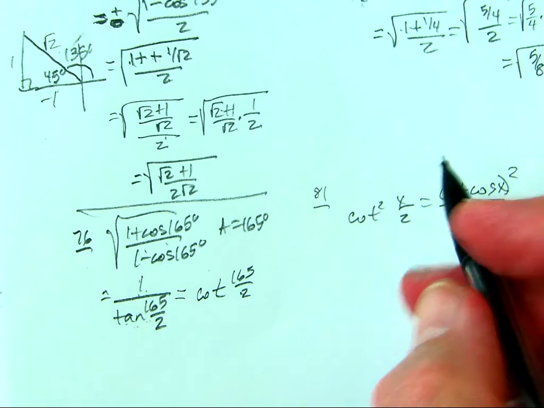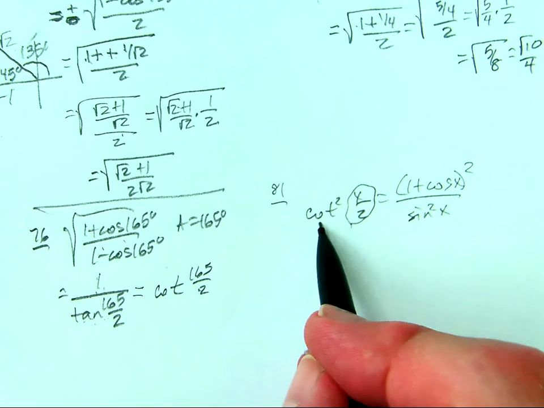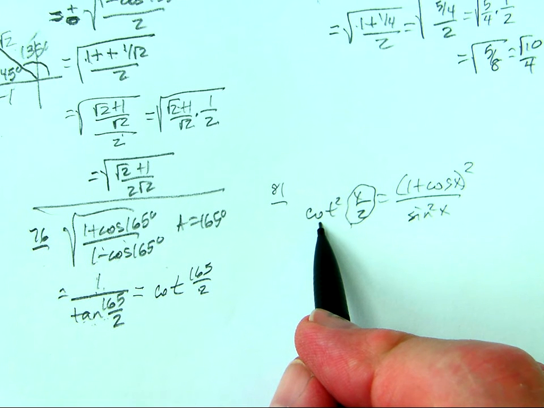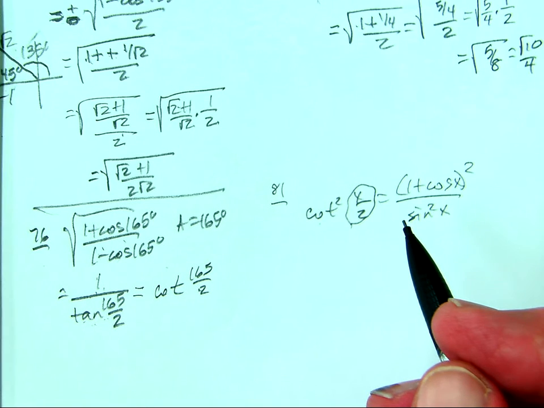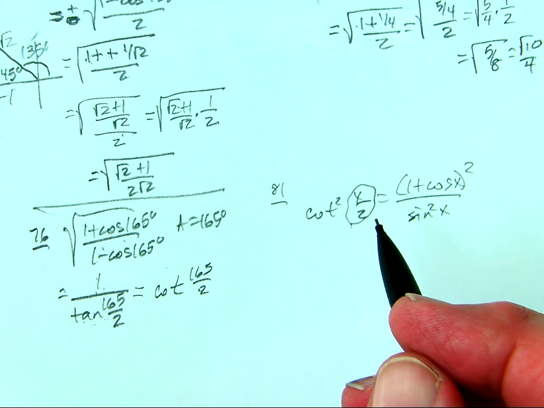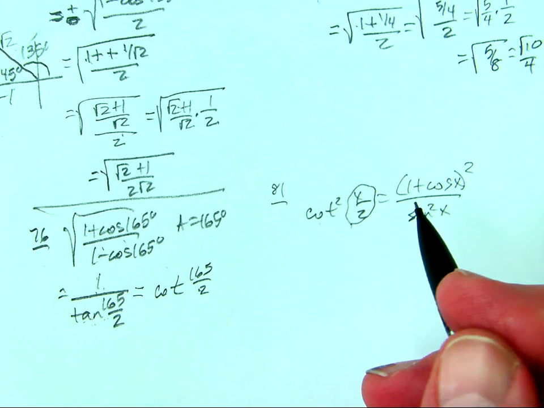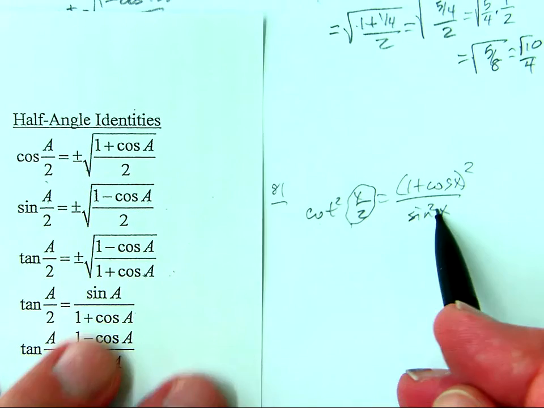So the first thing I see here is half angle. Well, the problem is that's a cotangent, and we don't have an identity for that, but we do have one for tangent. The next problem is, which one do we use? With tangent, we need to look at it. So let's look at the 3 for tangent and see which one looks best. Remember, comparing it to the other side.